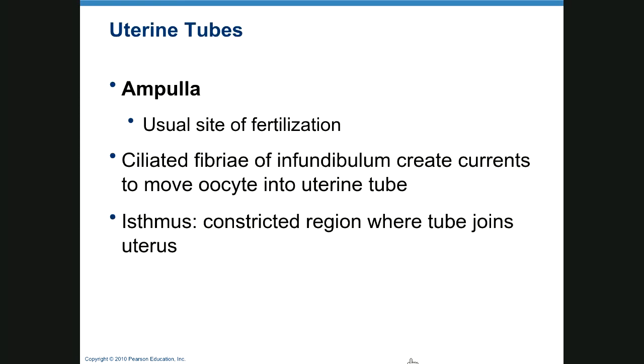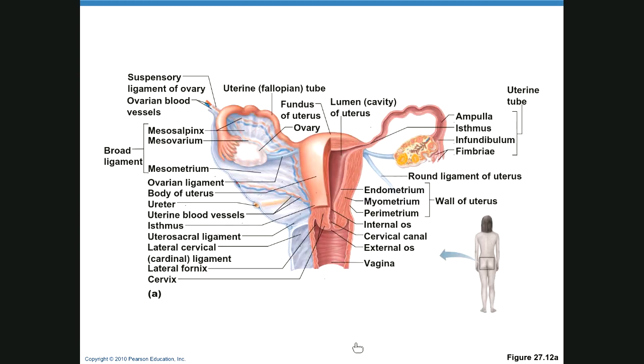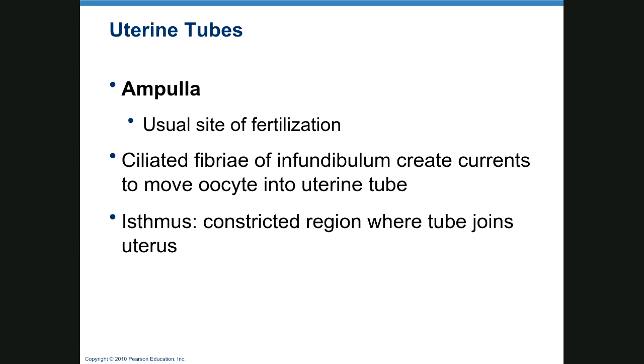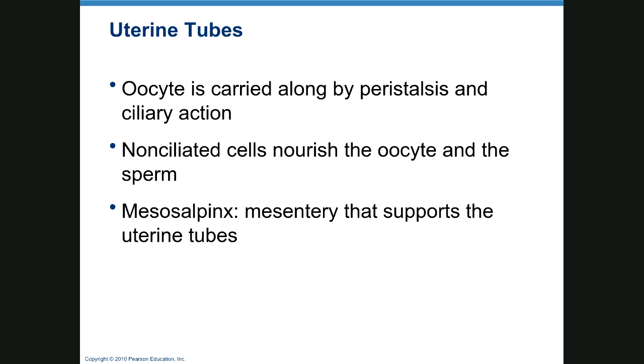Okay, the ampulla is the usual site of fertilization. That's why I had the picture. This part of the uterine tube. And there's ciliated fimbriae that actually have a current that pull the oocyte into the tube, and the isthmus is that small part where I was telling you it can get stuck.